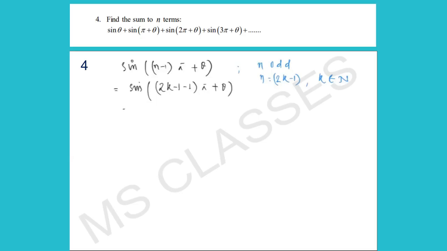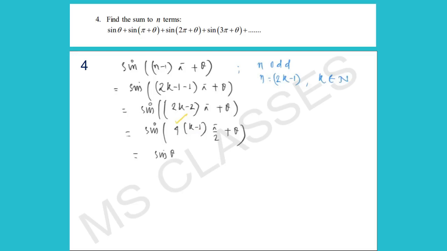Now this we can write as sine of (2k minus 2) pi plus theta, which can be written as sine of 4 into (k minus 1) into pi by 2 plus theta. Now here 4 means an even multiple of pi by 2, because even if k is an odd number, multiplied by 4 it will ultimately be an even number. So this will be what? Sine theta.